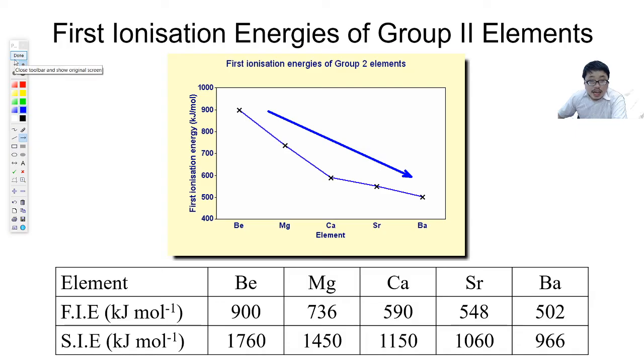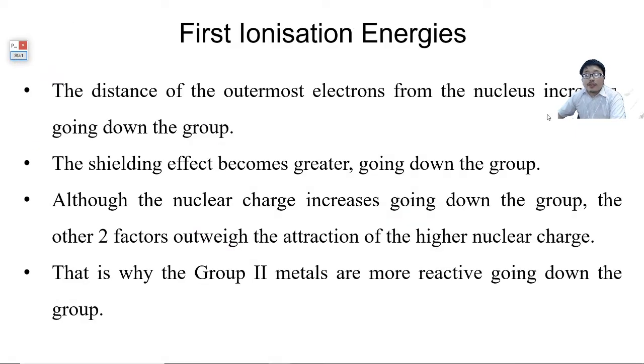Reason as to why: as you go down the group, the distance of the outermost electrons from the nucleus increases. Shielding effect increases. Although your nuclear charge increases, the other two factors outweigh it. Therefore, forces of attraction between the outermost electrons and the nucleus decrease. Therefore, first ionization energy decreases.